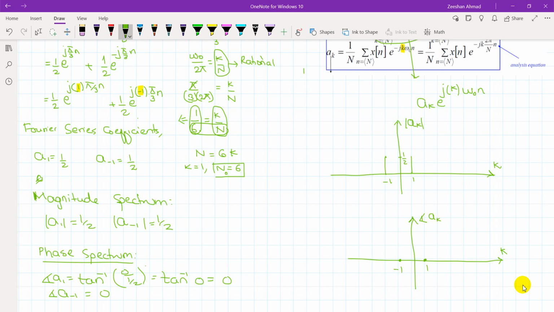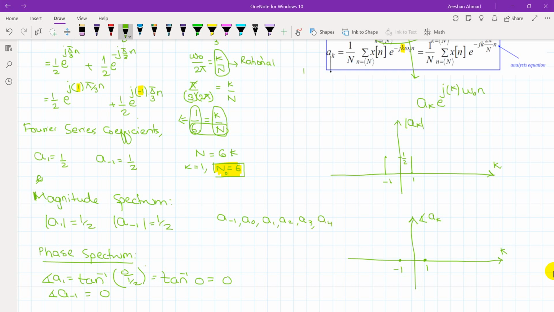Now remember that for the discrete time, when we find the value of n naught here, which was 6, it means I'm going to have 6 consecutive values for my coefficients here. So I can say that my values are a of minus 1, then a of 0, then a of 1, then a of 2, a of 3, a of 4.